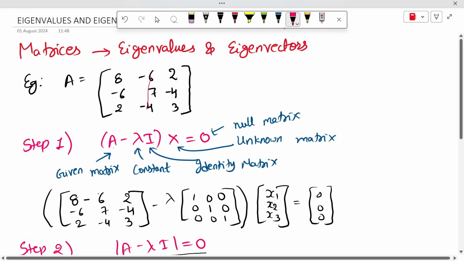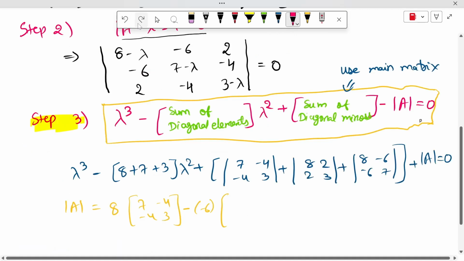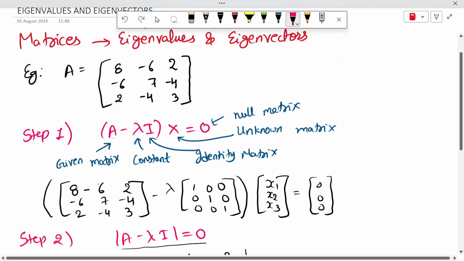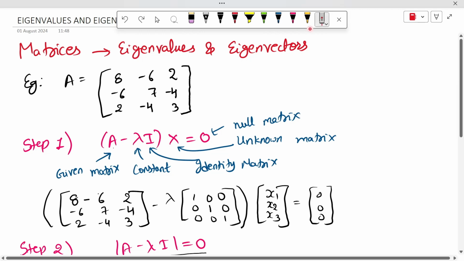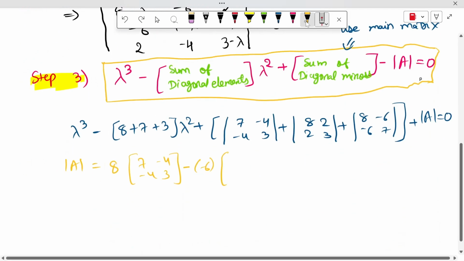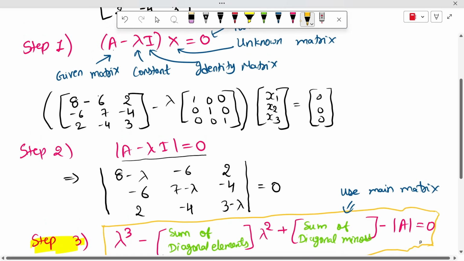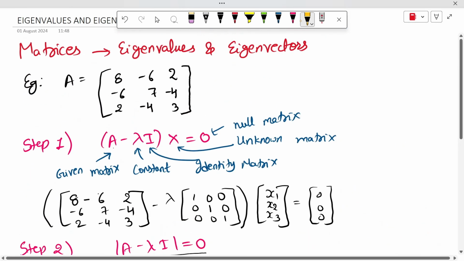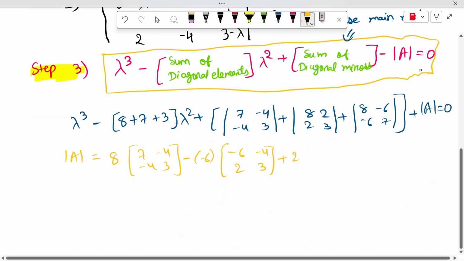I am finding it along the row. For the second it will be like this: minus 6, minus 4 2 3. The third will be positive, so it will be minus 6 7 2 4.